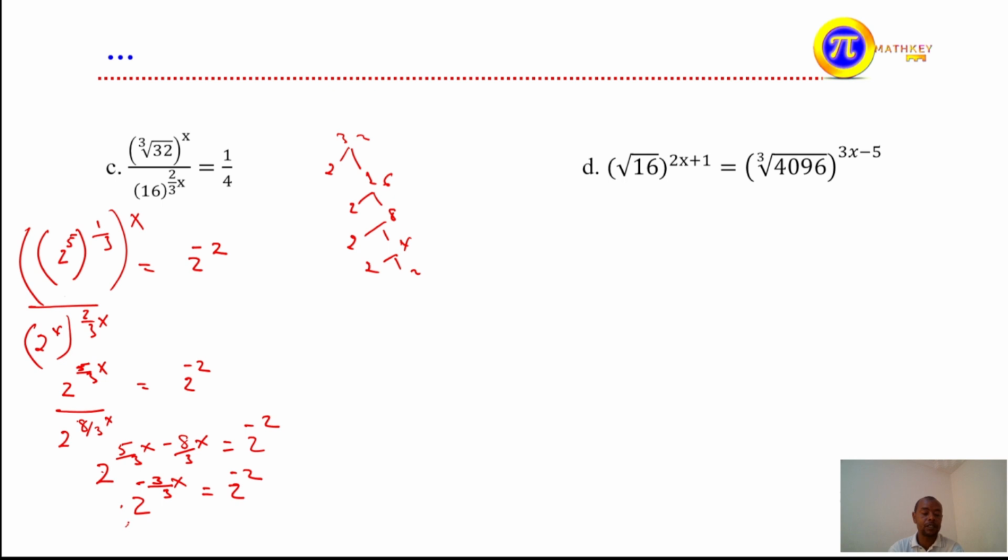Now they have the same base. If that's so, this indicates negative 3 over 3x is equal to negative 2. Negative 3 over 3 means negative x. Negative x is equal to negative 2. What is the value of x? x is equal to 2.